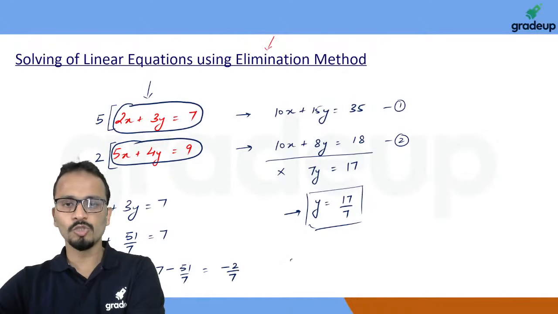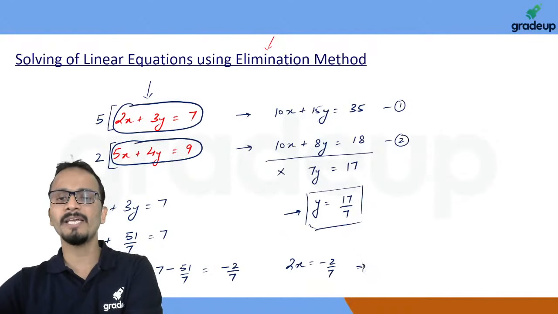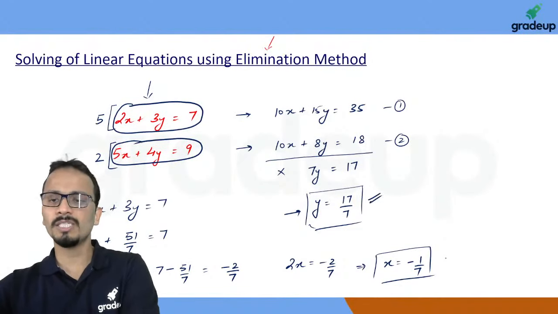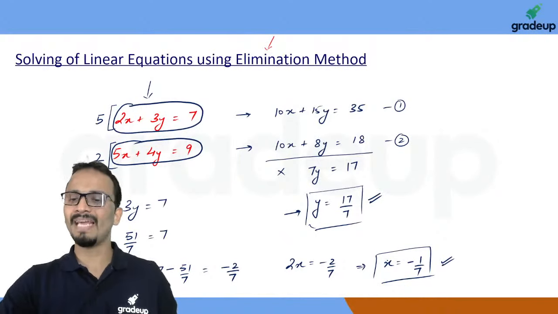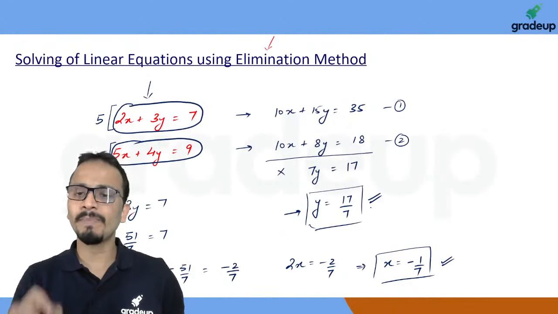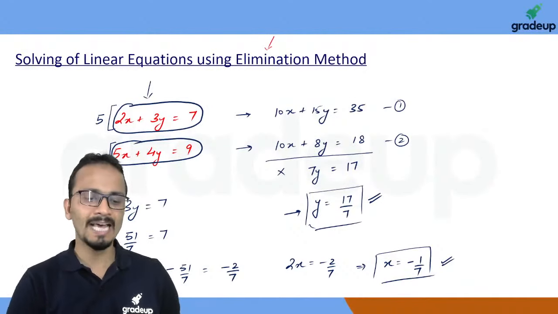So I have obtained 2x equals minus 2 upon 7, and hence x will be equal to minus 1 upon 7. So this is the unique solution: minus 1 upon 7 and 17 upon 7 are the respective values of x and y.